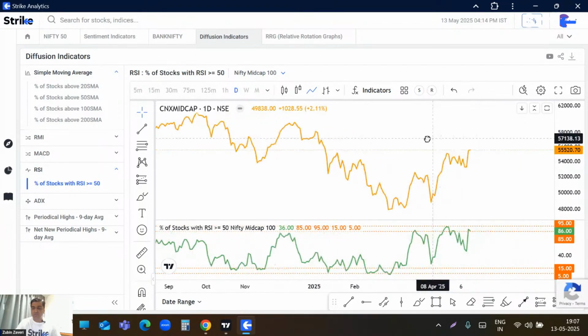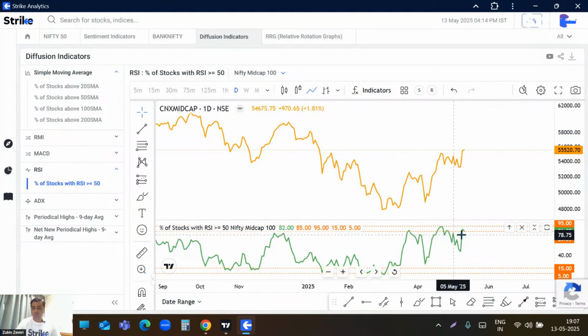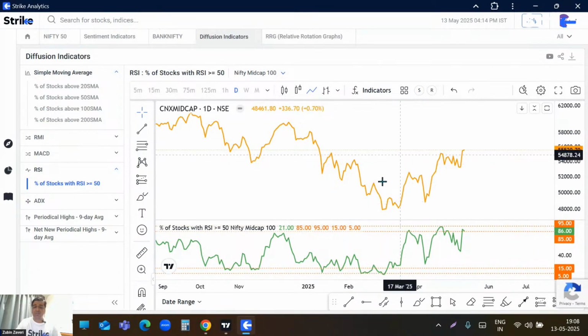Now that most of the stocks are in the overbought territory, we can wait for some dips, and you can buy those dips until and unless this starts falling down. But with these indicators, the first thing is we have to look at the trend.